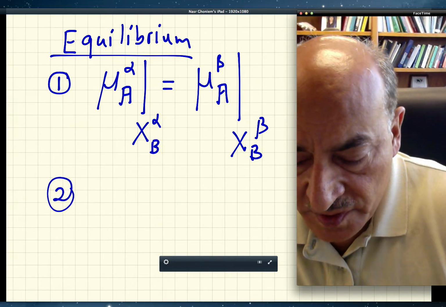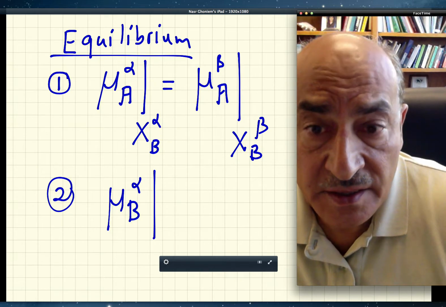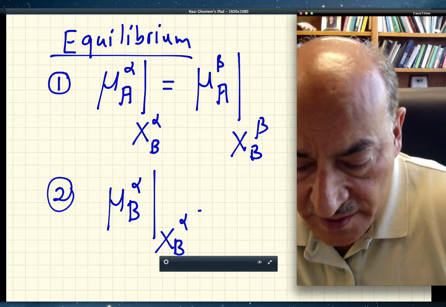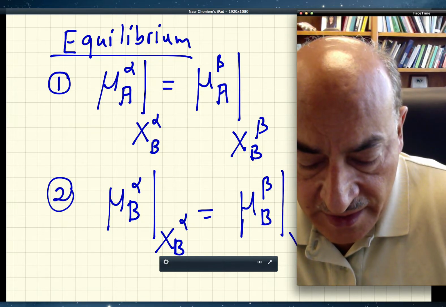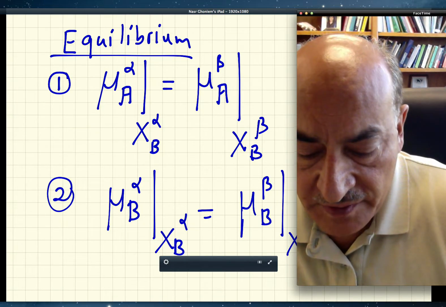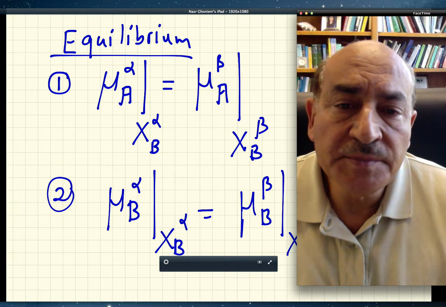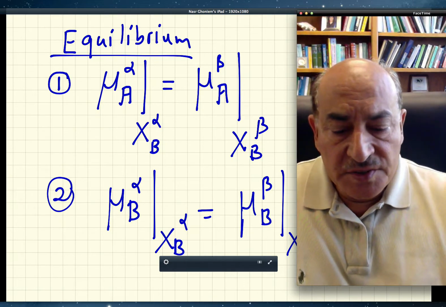Equation 2: mu of element B in the alpha phase, evaluated at x sub B in the alpha phase, is equal to mu sub B in the beta phase, evaluated at x sub B in the beta phase. So these are two equations in two unknowns. And what are the unknowns here?